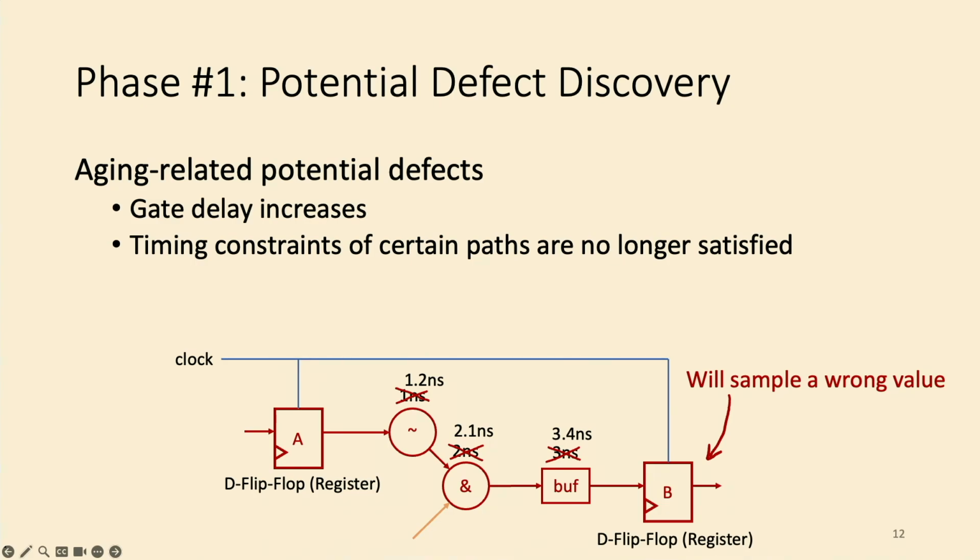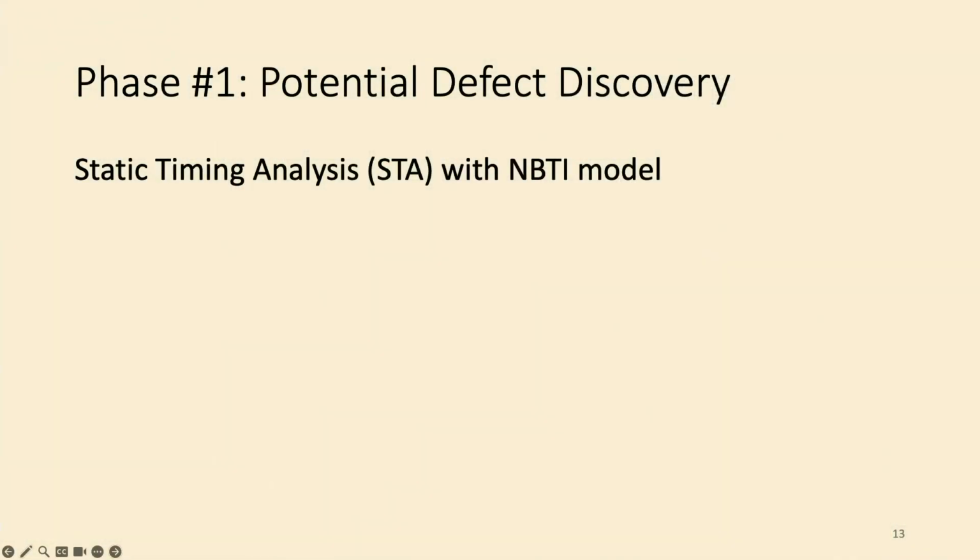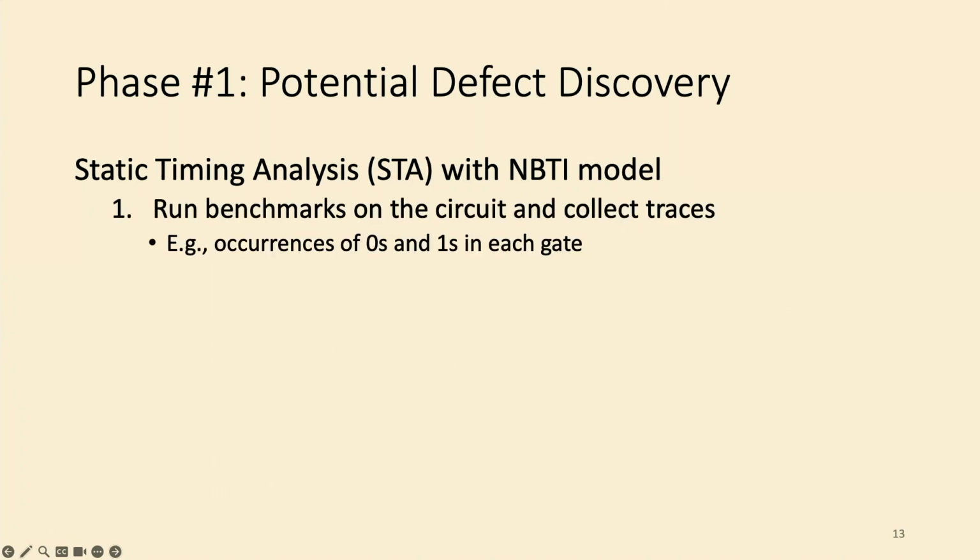All right, so this phase is really based on static timing analysis, together with an NBTI aging model from previous work. To do this, we basically run a bunch of benchmarks with the circuit and collect a bunch of traces, such as the occurrences of zeros and ones in each gate.